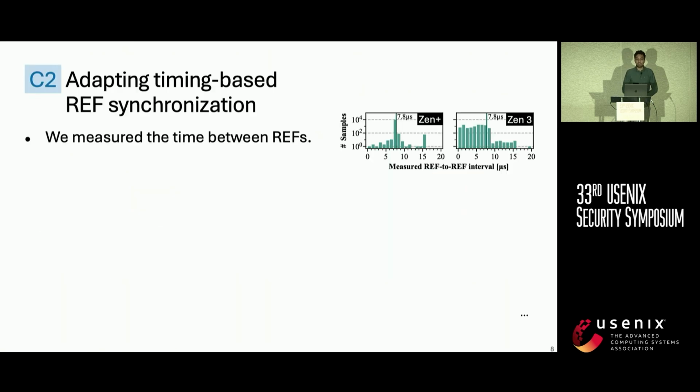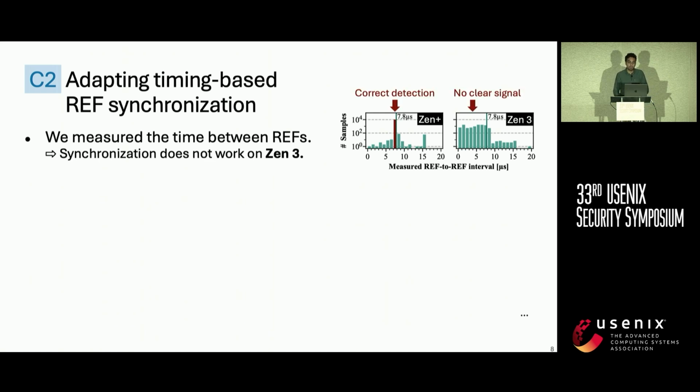So we started by basically measuring the time between refreshes on Zen Plus and Zen 3. And on Zen Plus, you can see we can reliably detect the refreshes, but on Zen 3 we cannot. We do not get a clear signal.